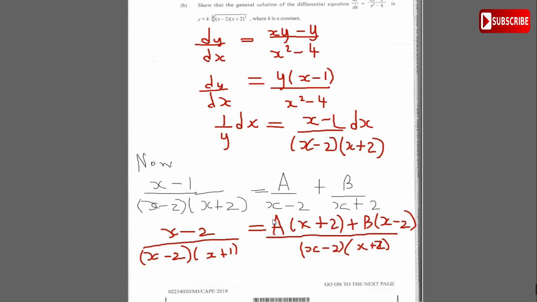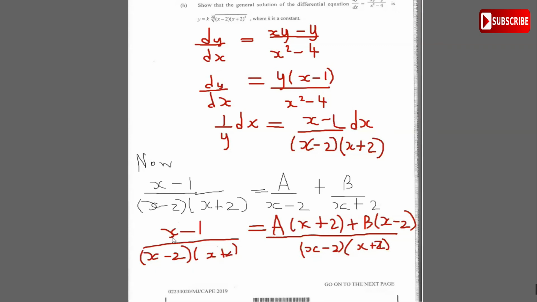Equating their numerators, well, let x be 2. If x is 2, then 2 minus 2 is 0. This is x minus 1, x plus 2.